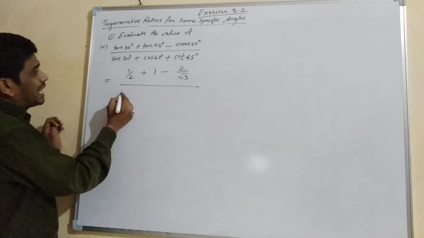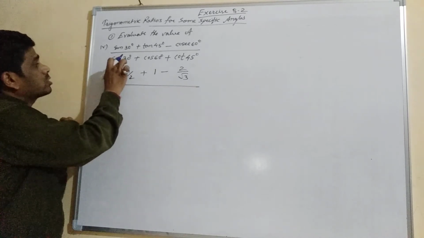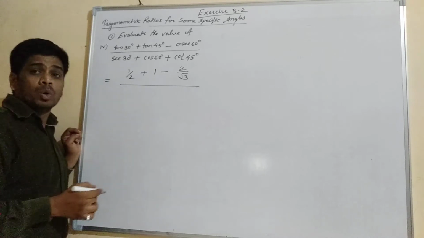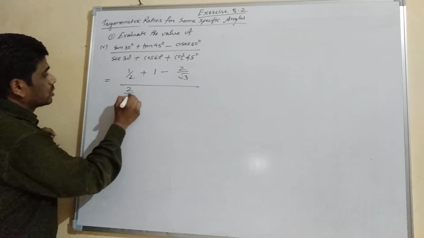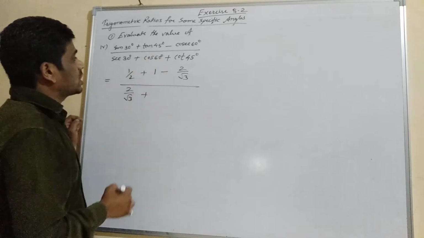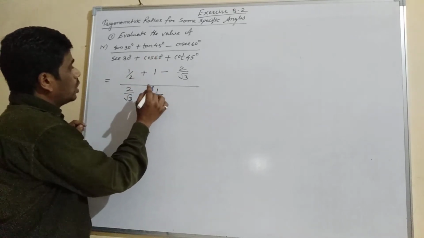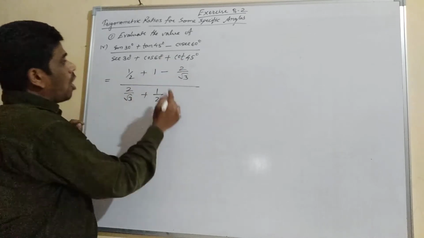Upon, here we get sec as the inverse of cos, and cos 30 is equal to sin 60, so it will be 2 upon root 3 plus cos 60 is equal to sin 30, which is 1 upon 2.